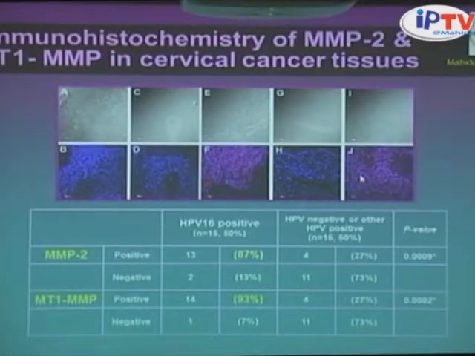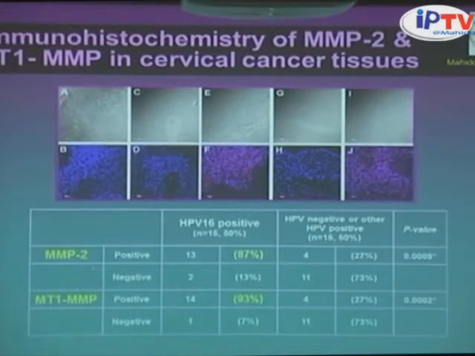She provided us samples from cervical cancer patients to follow the expression of MMP2 and MT1 enzymes. As you can see here, the violet color represents MMP2 and MT1 enzymes, whereas the blue represents nuclei staining. This is a phase contrast. Wherever there is MMP2 or MT1, nearly all of the cells express this enzyme.